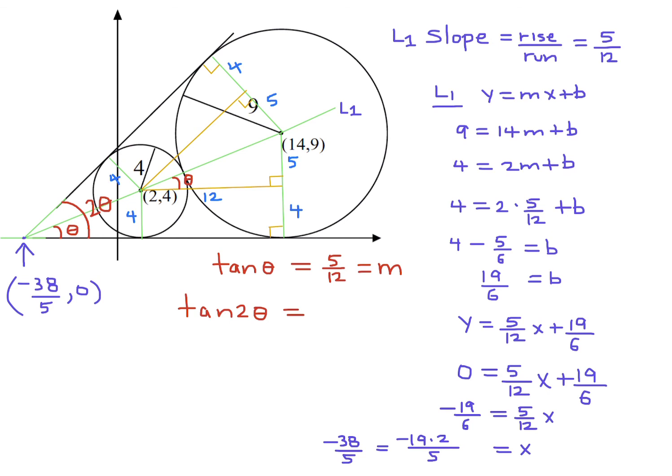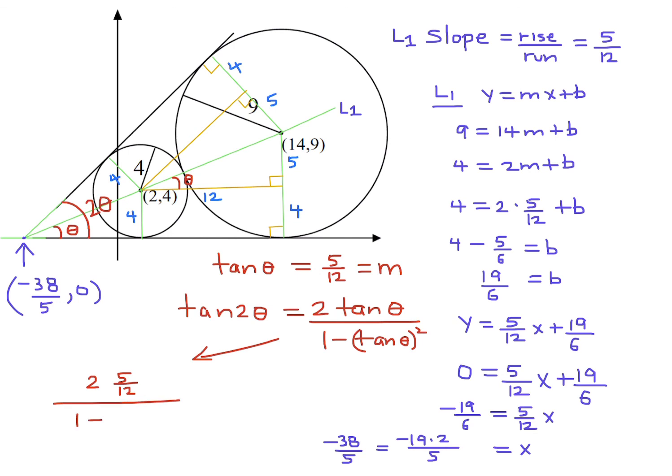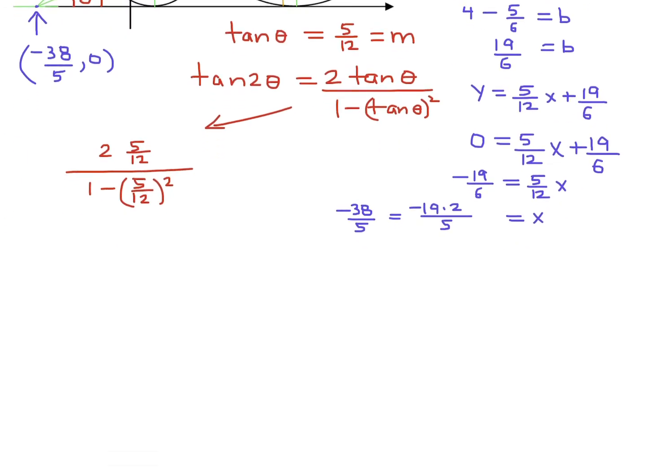So the tan of 2 theta I need to calculate without the use of a calculator, because calculators are not allowed on the US math contests. So I have to use my 2 tan theta over 1 minus tan squared theta style of calculation. This is the equation for tan 2 theta. So that would mean 2 times tan theta, which is 5 over 12, all over 1 minus 5 over 12, all squared.